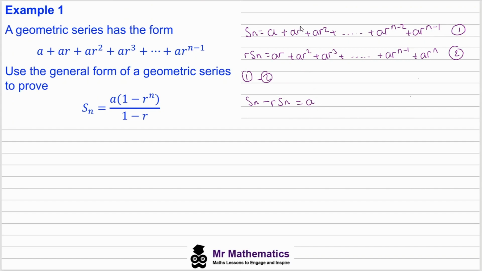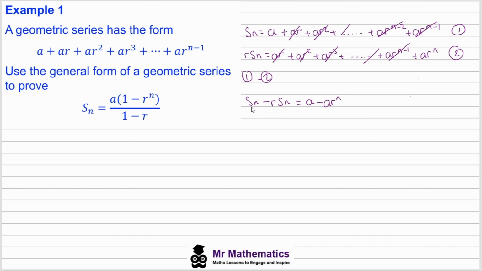And then the ar, when we subtract that from this one, these two will cancel, and all the middle terms will cancel. ar to the n minus 2 will cancel with the one before this one, and this will cancel with this one. So what we're left with is a minus ar to the n.